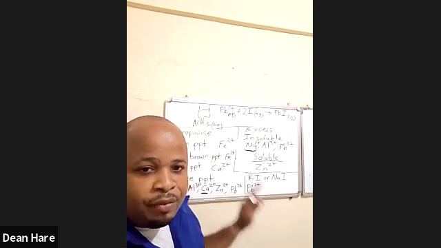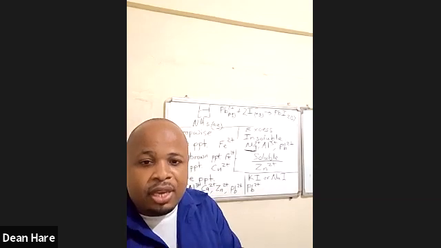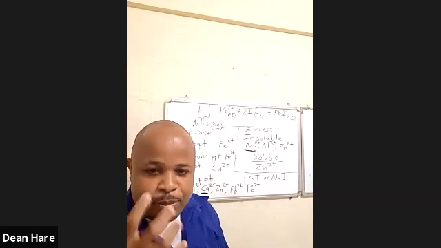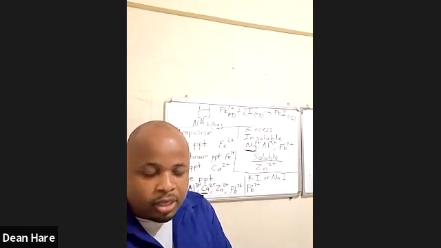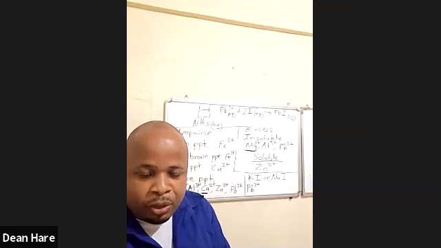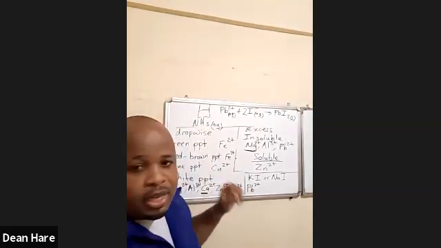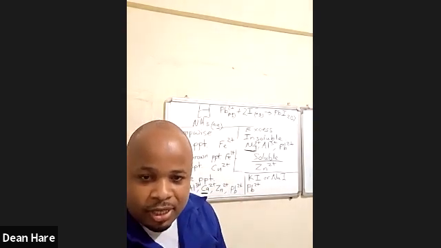In qualitative analysis, we're trying to identify either cations or anions. Remember, a salt is made up of what? A positive ion and a negative ion. So you dissolve this salt to get a solution, and then we add sodium hydroxide and ammonia to figure out which cation is present.